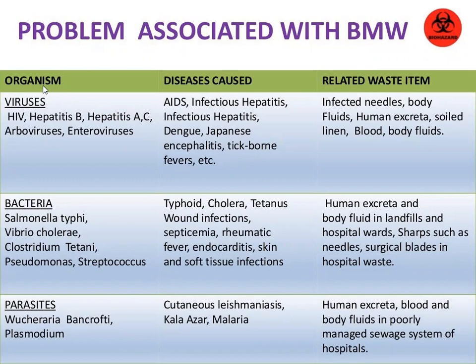The table shows the organism, the disease caused, and the waste which is generated. The related waste item is shown in this table. Viruses, bacteria, parasites, by which various types of diseases are caused, are given in this column.